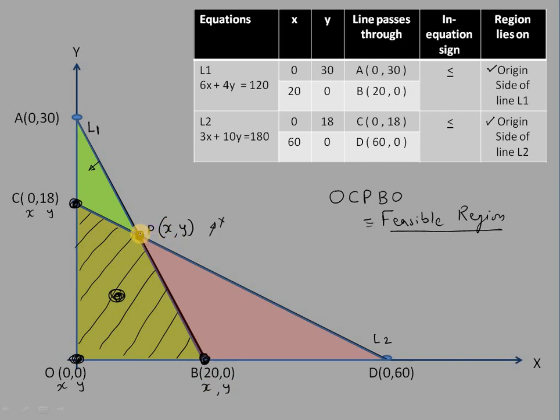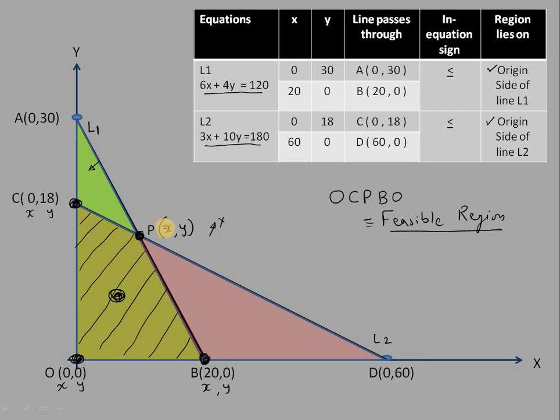We don't know the coordinates of point P. How do we find out? Point P is on the intersection of L1 and L2. So we solve the L1 and L2 equations as simultaneous equations. P is the intersection of L1 and L2.